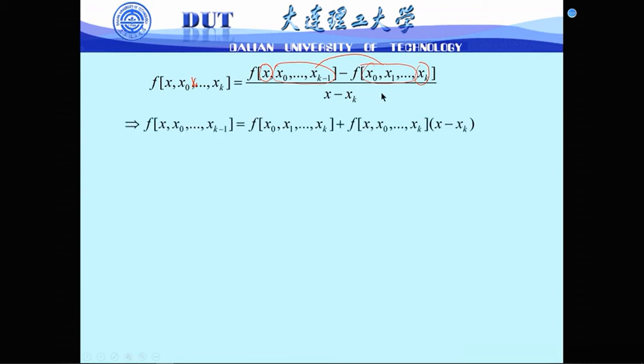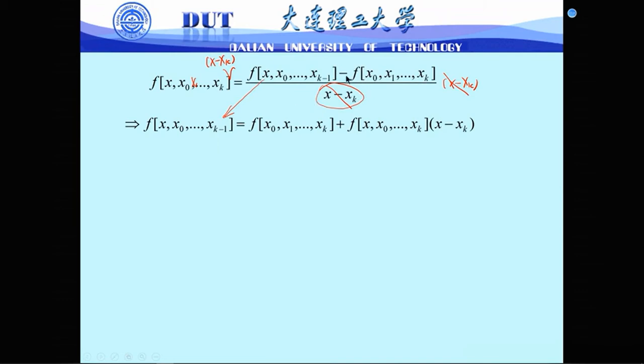Okay, continue. If we multiply both sides by x minus xk, then the denominator disappears. It's okay? Then we move this term to the other side. Then we put f[x, x0 to xk minus 1] here.